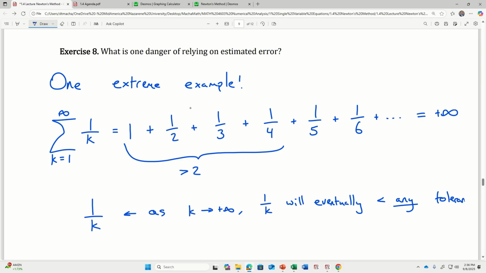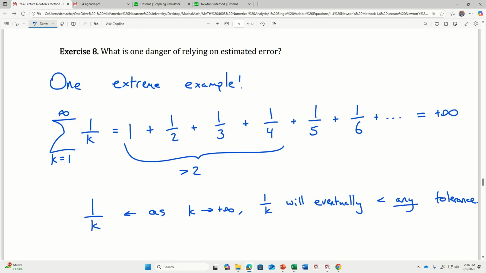So if you've set your error tolerance to whatever, like 10 to the negative 6 or whatever, then there's going to be some value of k where that's going to be less than your tolerance. And you're going to stop your loop, stop your numerical method and say, I must have found my answer. I must have gotten close enough within some error tolerance of my answer.